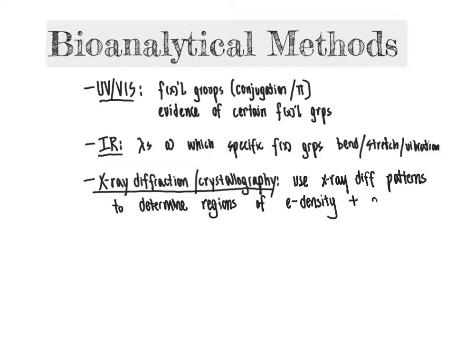And those regions of electron density allow us to deduce the atomic structure, and in more complex molecules such as proteins, in many cases the complete molecular structure can be determined. So X-ray crystallography and X-ray diffraction is a very powerful tool, because that's the first tool of this lineup that we've mentioned so far that in many cases can enable an experimenter to determine the complete structure of an organic molecule, rather than just determining that there are select functional groups in the molecule. And so that makes it really powerful.